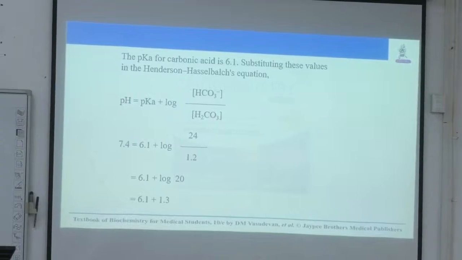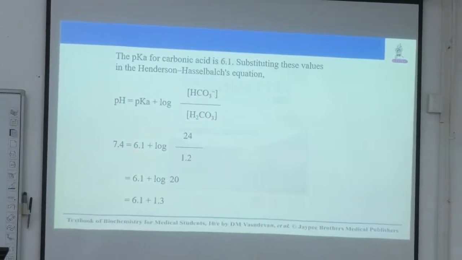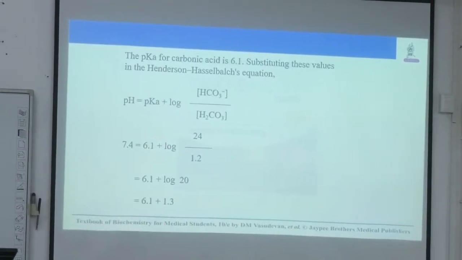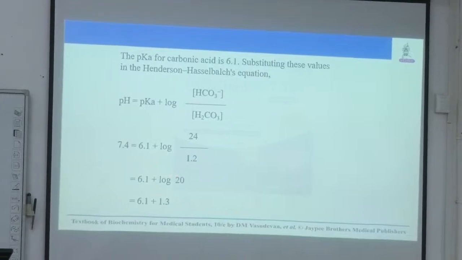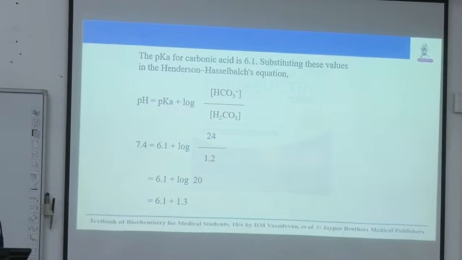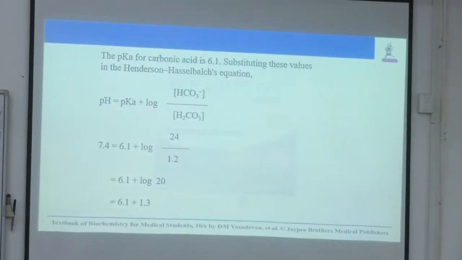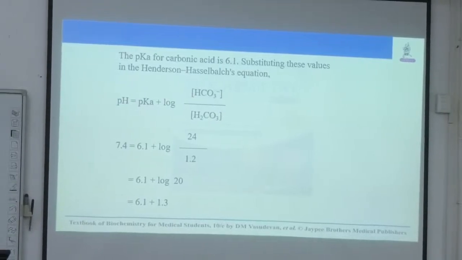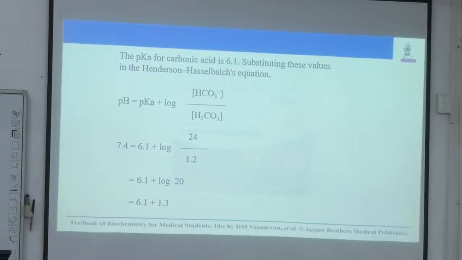Now, since 7.4 is given, and 6.1 is given, we get log 20. If you divide this, how much will it be? 20:1. That means the concentration of base is 20 times that of the concentration of acid.